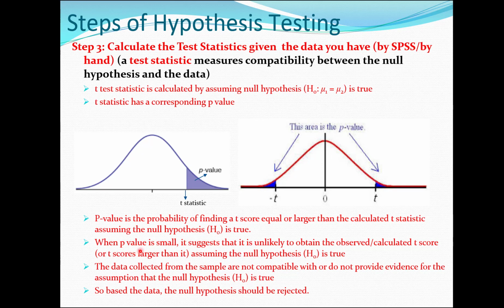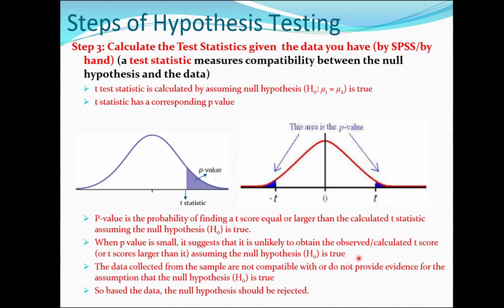Now let's take a look. When the p-value is very small, what does it mean? When this area is very small, it suggests that it's very unlikely to obtain the observed or calculated t-score, or to obtain a t-score larger than the one you calculated. But the fact is, you have already observed or calculated this t statistic from your data.